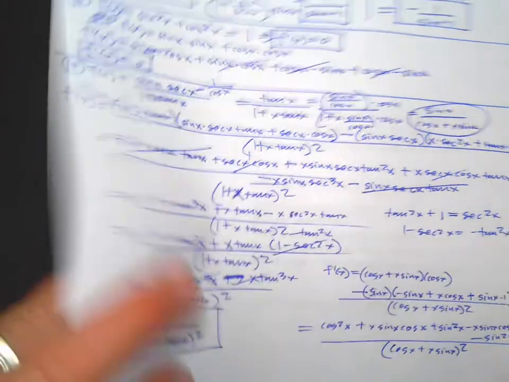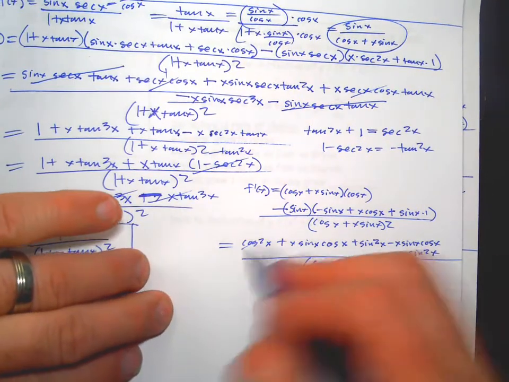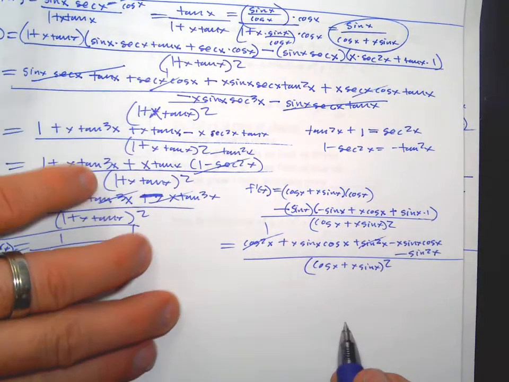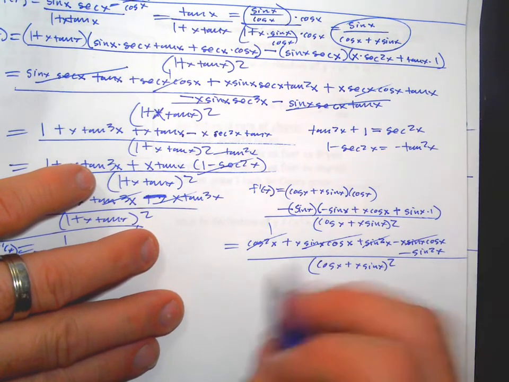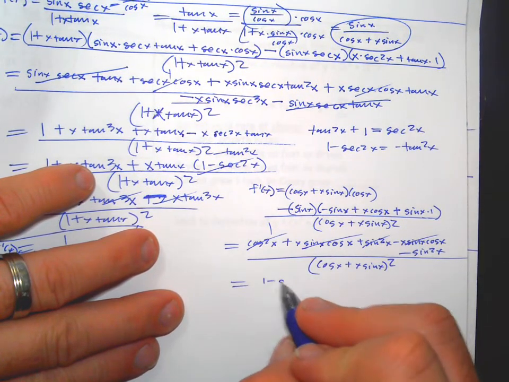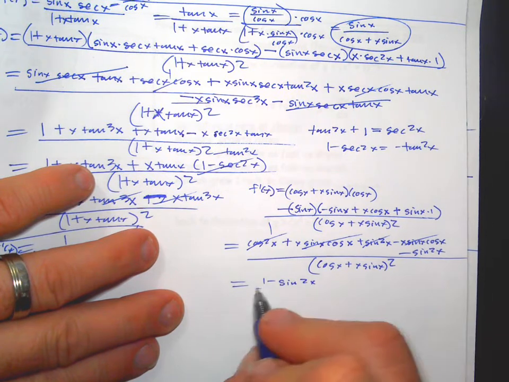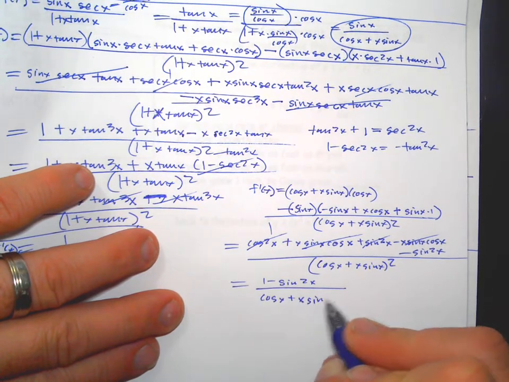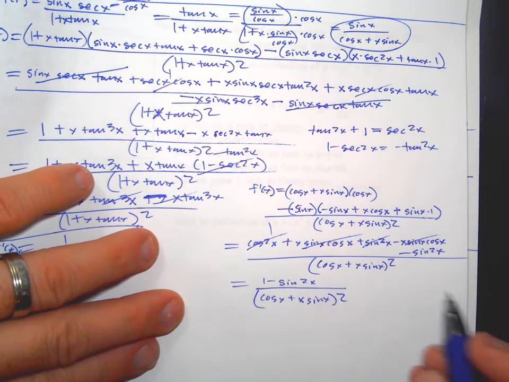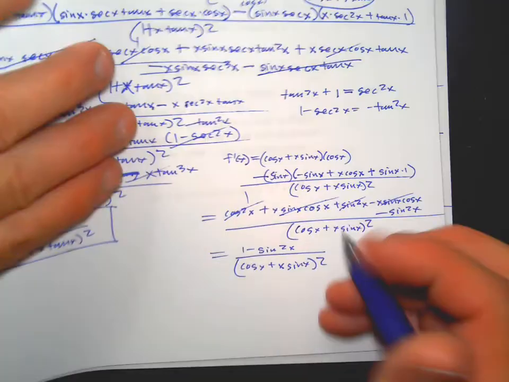It's fun. Cosine squared and sine squared make a 1. X sine cosine x minus x sine cosine x cancel each other out. So you have 1 minus sine squared. Now, 1 minus sine squared would be cosine squared.